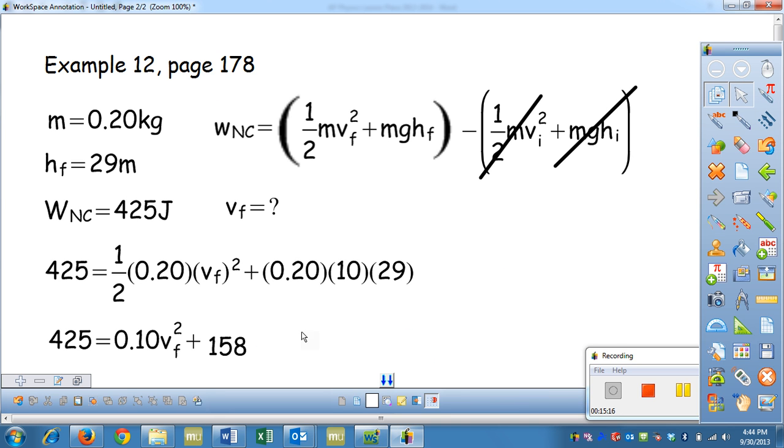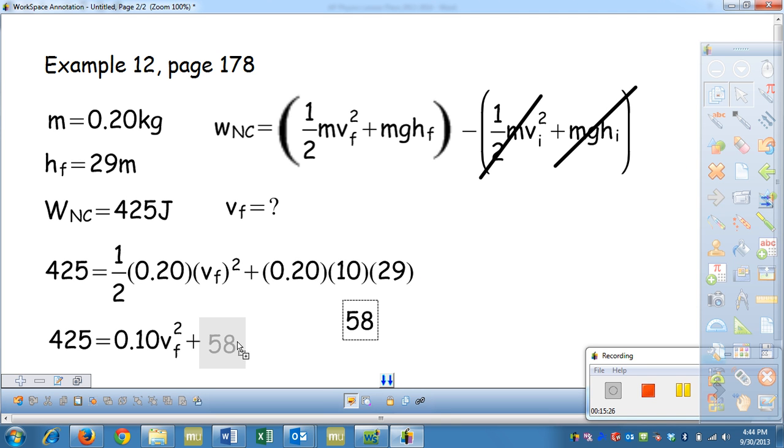Okay, so if I subtract 58 from both sides, 425 minus 58 is 367.